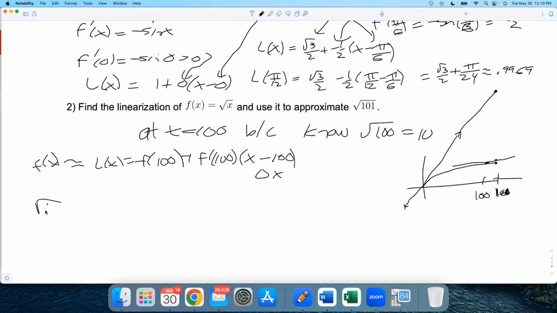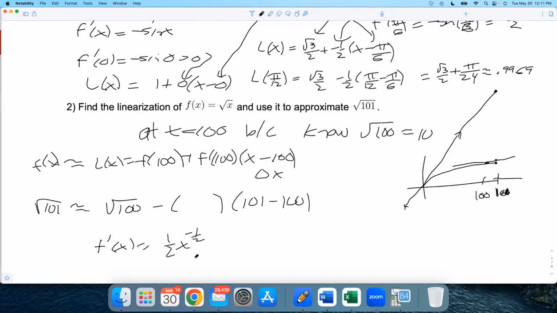Okay, so this says square root of 101 is approximately equal to square root of 100 plus the derivative, whatever that will be, times 101 minus 100. So I plugged in the guy I'm looking for here and here. Okay, so we need the derivative. F prime of x is 1/2 x to the negative 1/2. So f prime of 100 would be 1/2.